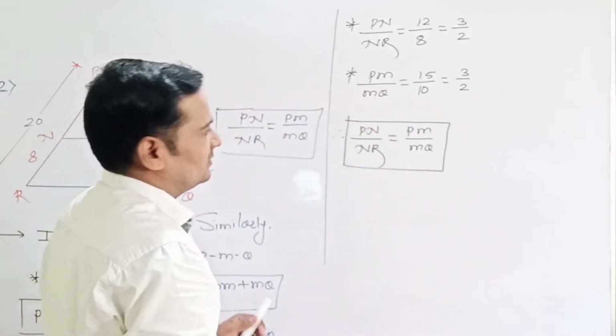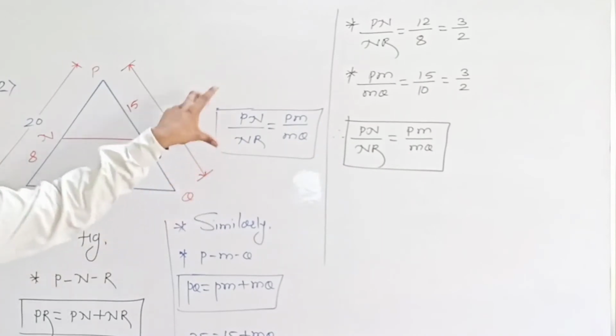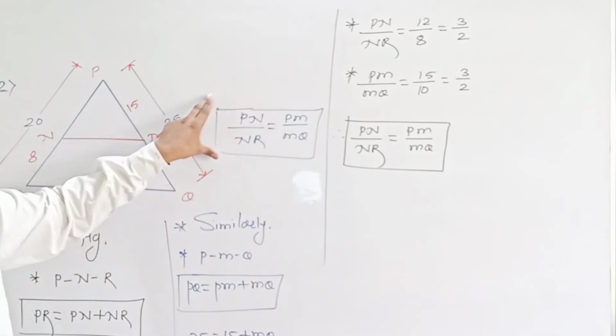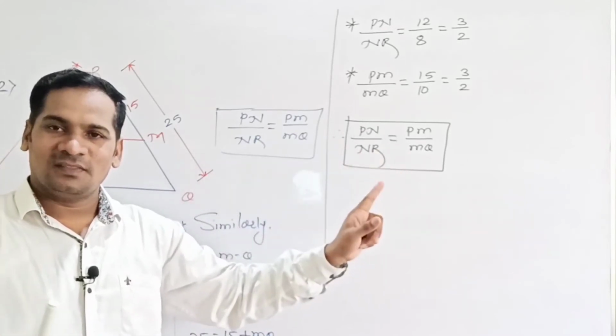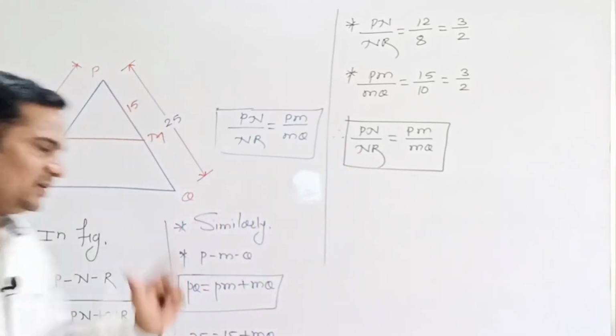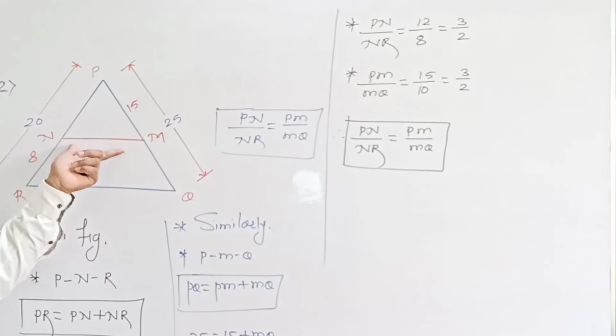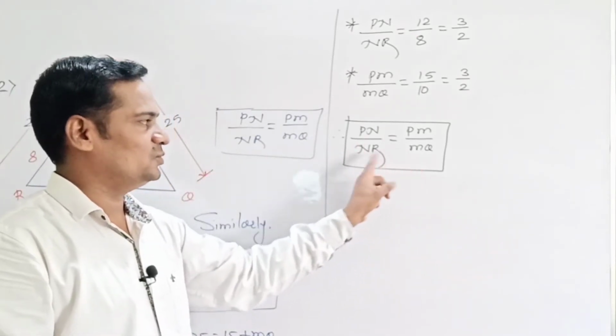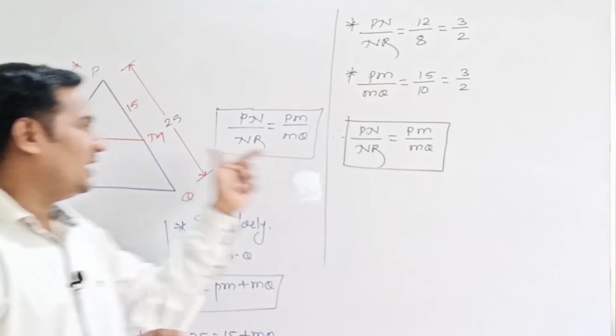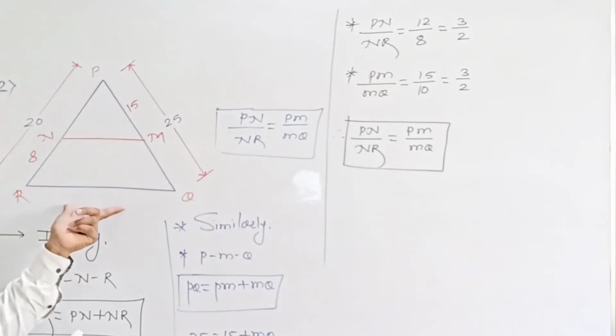And as we discussed earlier, we have to show this, and that is the answer here. Now if a line divides any two sides of a triangle in equal ratio, then that line is parallel to the third side.